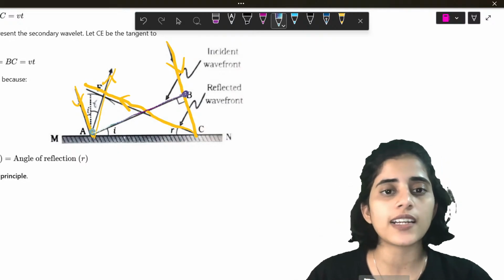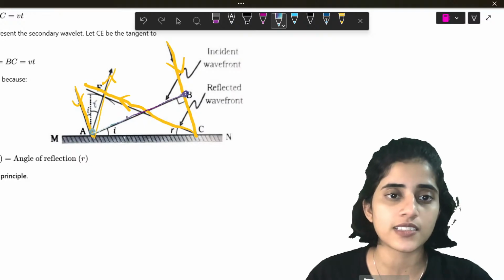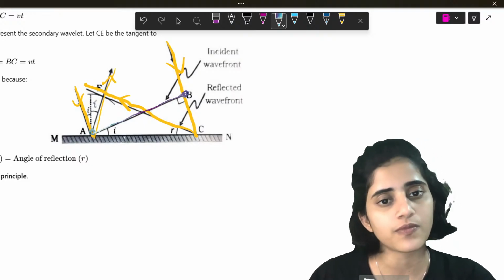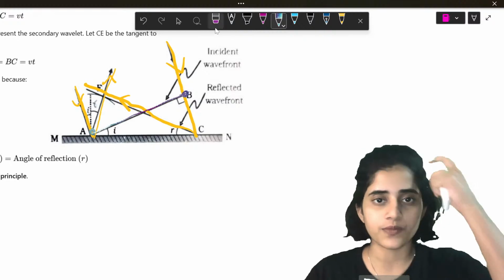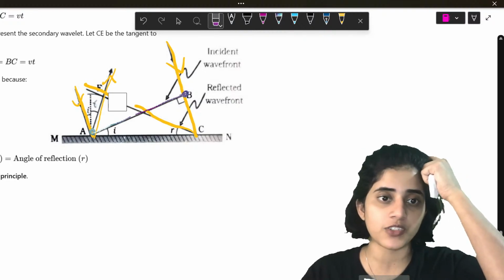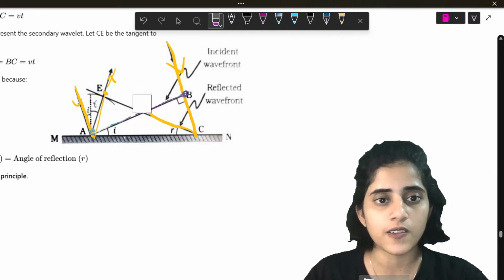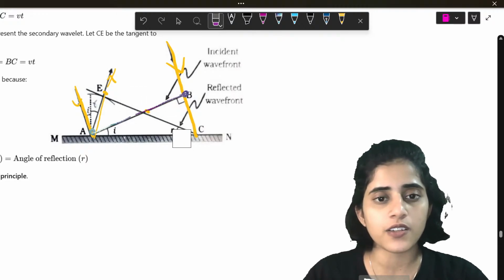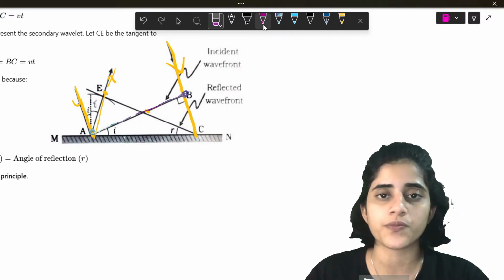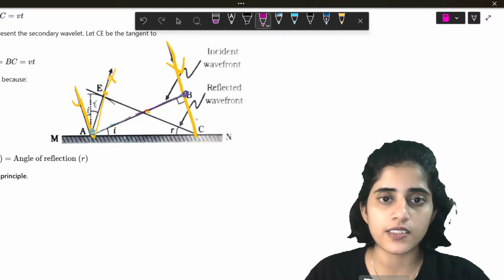Now what I do is I take my refracted rays. Sorry, the second refracted ray is not shown. This is the incident.